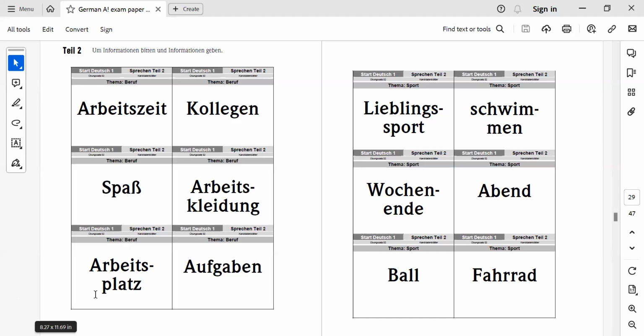Or arbeiten Sie auch am Wochenende in Ihr Arbeitsplatz? Do you also work on weekends in your workplace? Wie groß ist Ihr Arbeitsplatz? So how big is your workplace? So what is your answer? Mein Arbeitsplatz ist ziemlich groß. It's quite big.